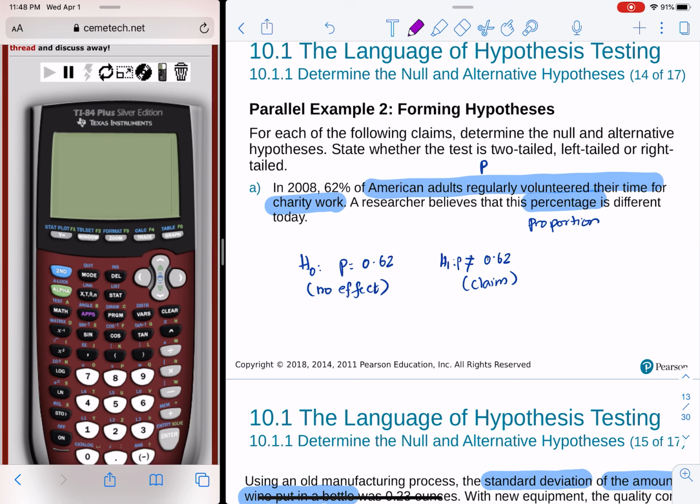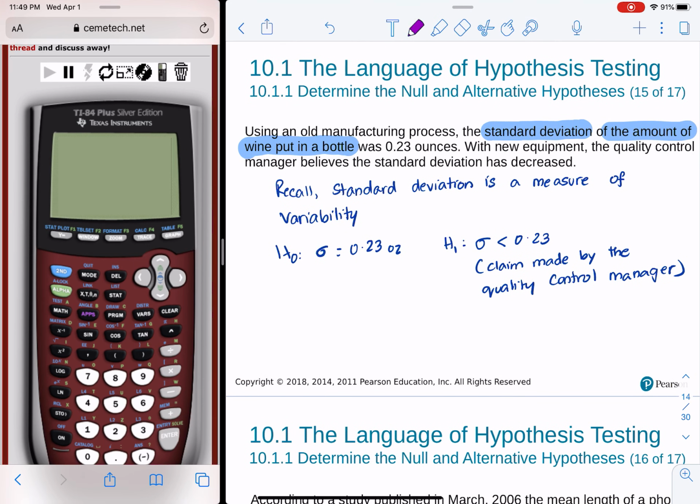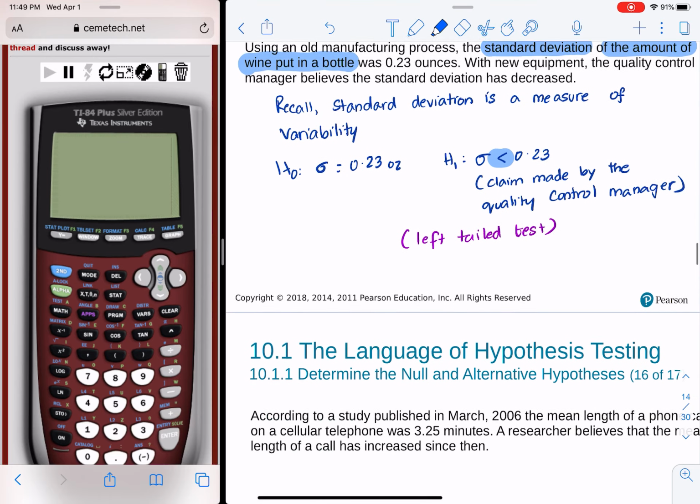The second one here is a two-tail test, or it would require a two-tail test because of not equal to. And naturally, the third case here would be a left tail test, because we have less than.